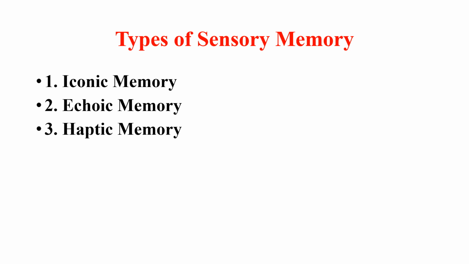If I am talking about the echoic memory, for that we can take the same example of a blindfold, and the task is given that a tune will be played and you have to identify the direction from where it is coming. So you have to sense that, and on the basis of that we have to find from which direction the voice is coming.